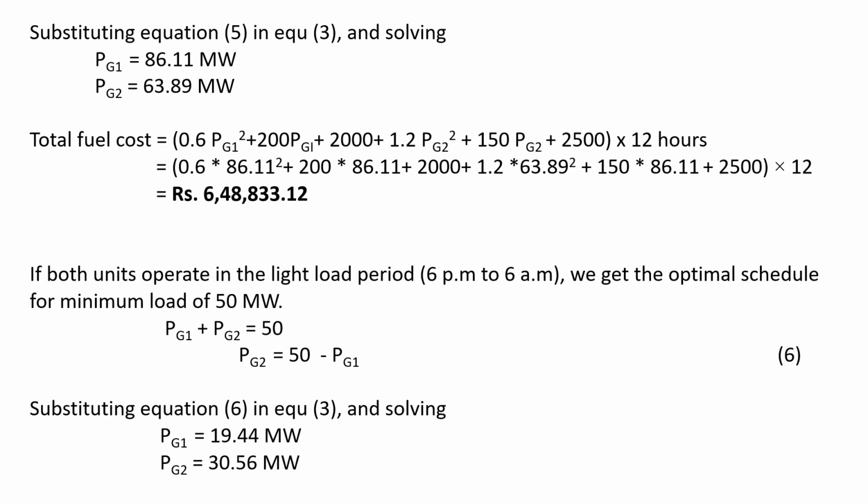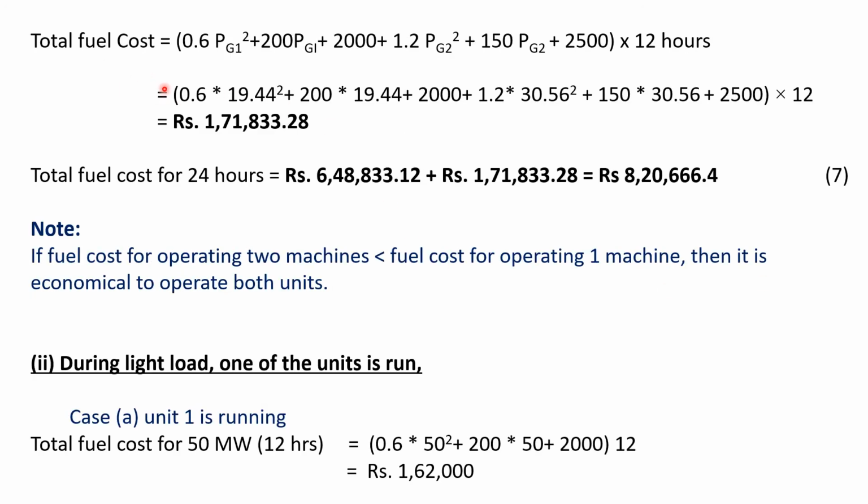I am going to find out the total fuel cost for the 12 hours. In the C1 plus C2 equation, I am substituting Pg1 and Pg2 values as 19.44 and 30.56, and my answer for that is rupees 1,71,833.28.